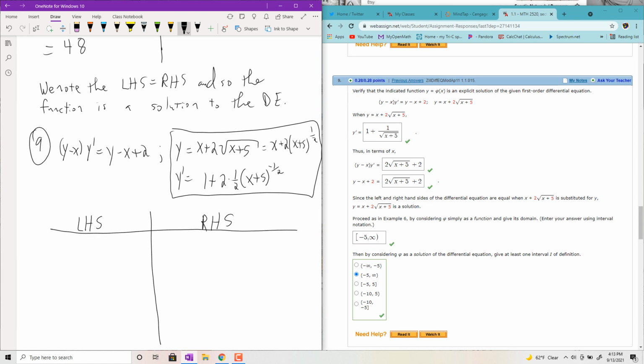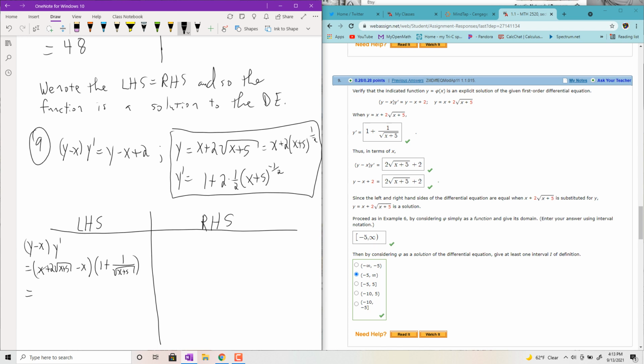On the left-hand side, you have y minus x times y prime. So we can write that out using the given information: x plus 2 square root x plus 5 minus x times our derivative, 1 plus 1 all over square root x plus 5.